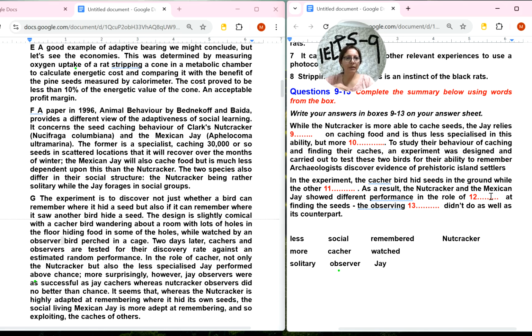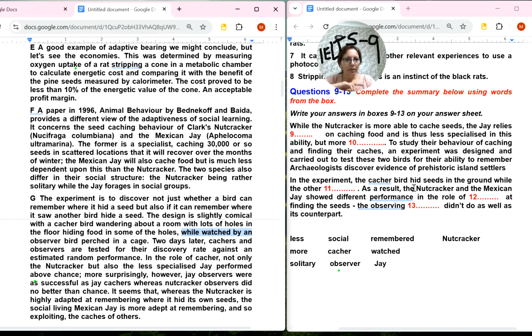As a result, Nutcracker and Mexican Jay showed different performance in the role of at finding the seeds. The observing dash didn't do as well as its counterpart. So the word while I have found here. Before that, everything they have written: while watched by an observer bird.